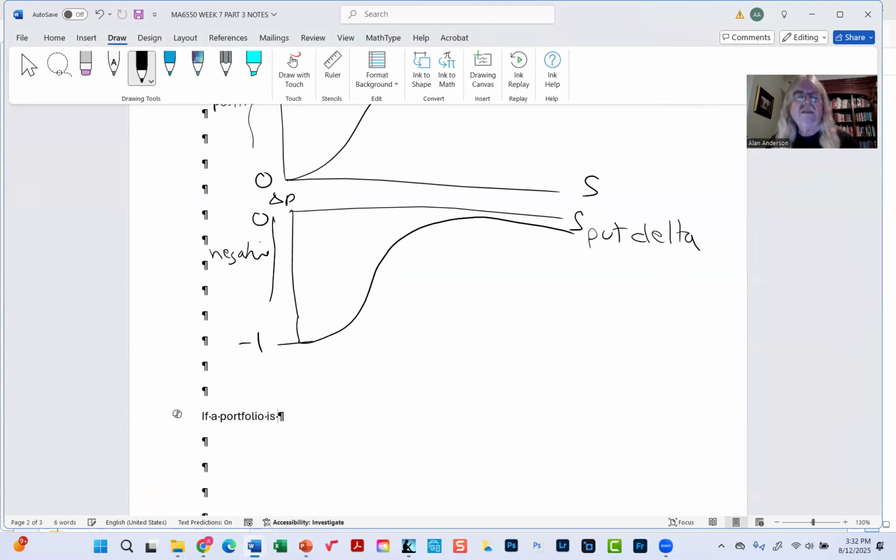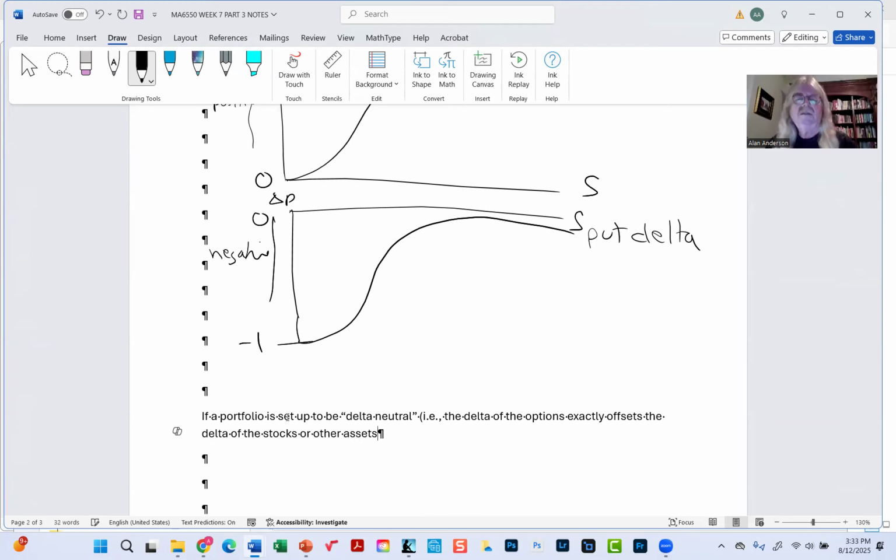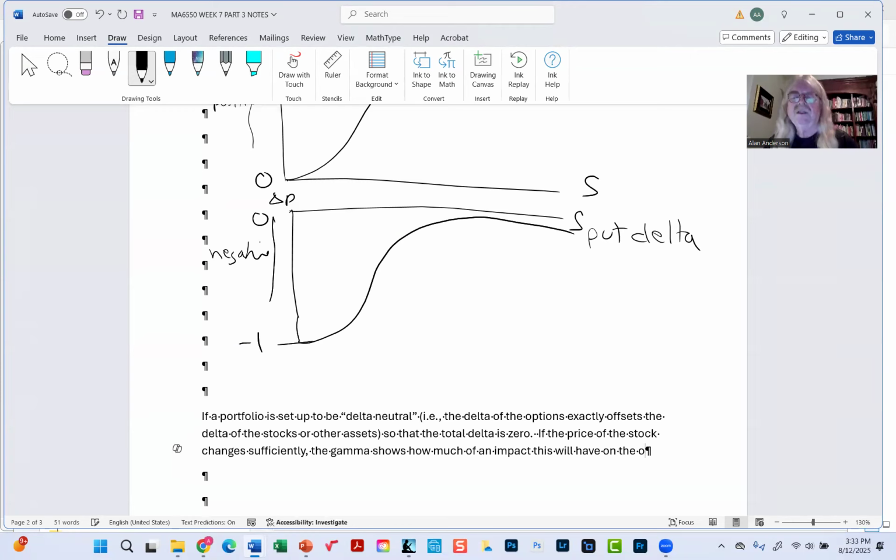If a portfolio is set up, let's say, to be delta neutral, which means the delta of the options exactly offsets the delta of the underlying asset, in this case stocks, so that the total delta is zero, then if the price of the stocks changes, the gamma shows how much of an impact this will have on the option deltas.